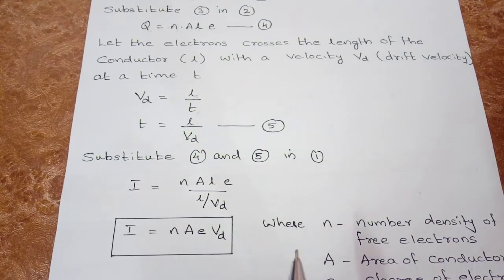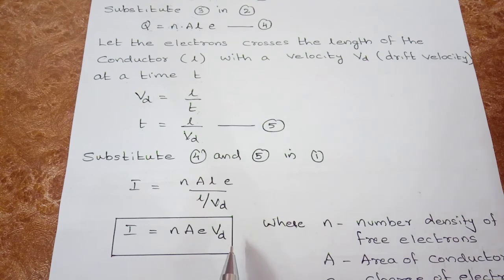So let us summarize this. Electric current increases with the drift velocity, and the drift velocity increases with electric field across the ends of the conductor, and the electric field across the ends of the conductor increases with applied voltage.